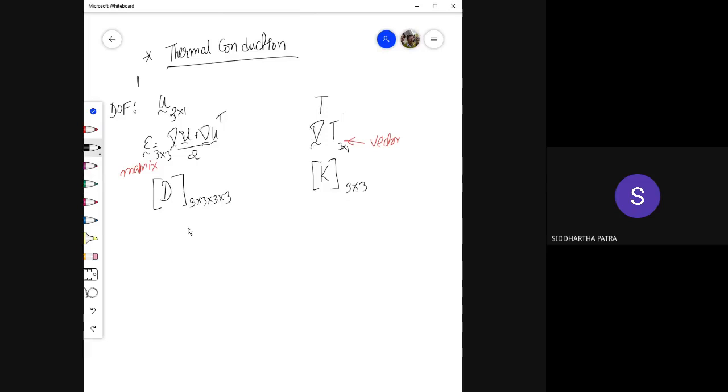Now the next thing. Here you have stress. What do you have here in the right hand side in conduction? Heat flux. Now this quantity is a vector. Heat flux, heat flow rate, there are different names to different quantities. I get confused often.